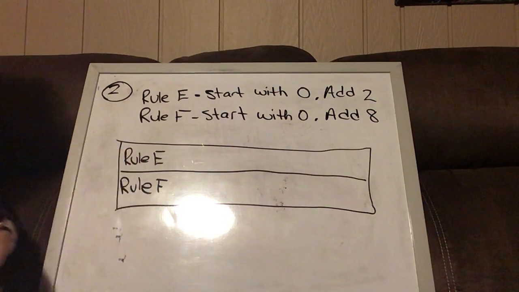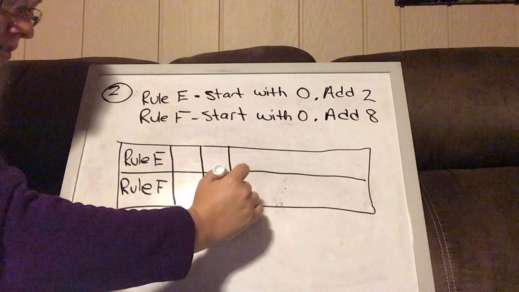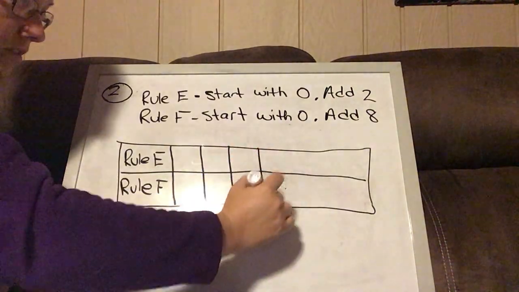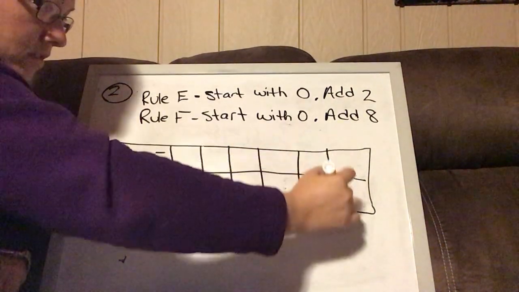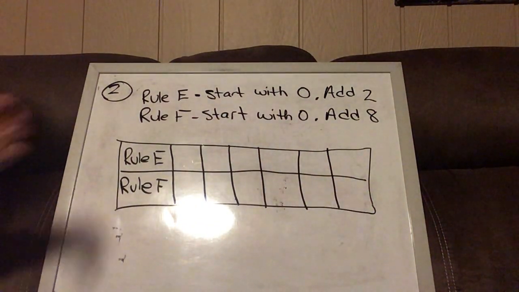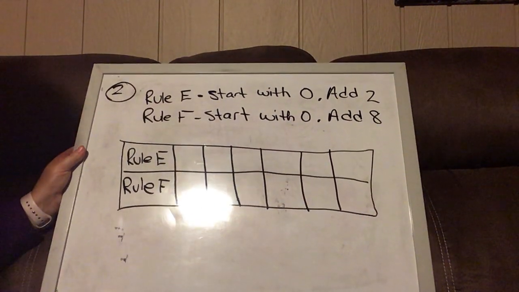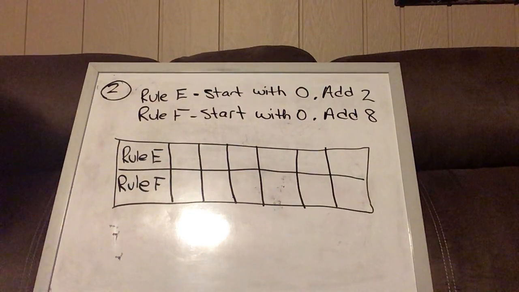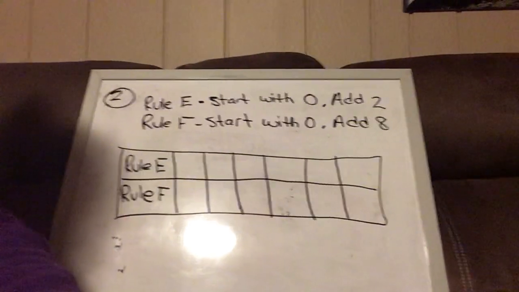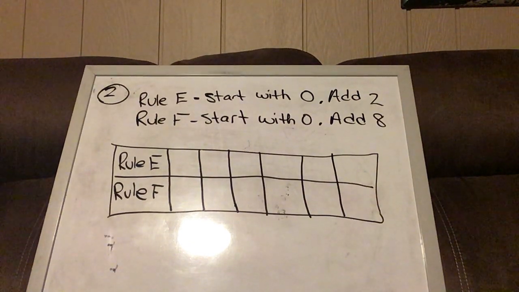So E comes before F. Alright, I want you to go ahead and fill in our table here, following our rules at the top in your math notebook. Rule E says to start with 0, add 2. Rule F says to start with 0 and add 8.